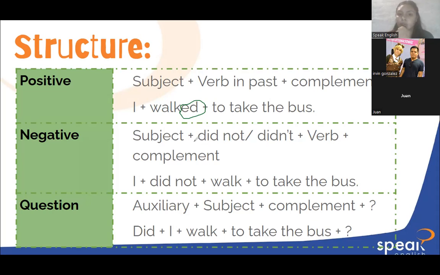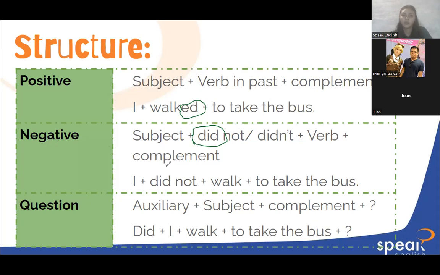Okay, so why do we use did in the negative structure? Well, because you are talking about past, I believe.